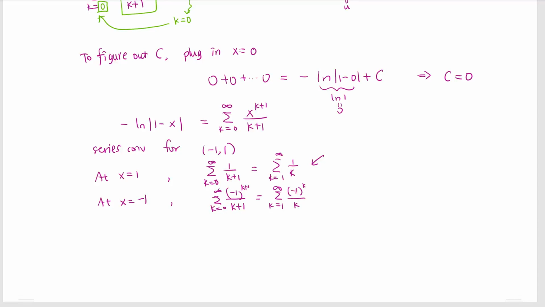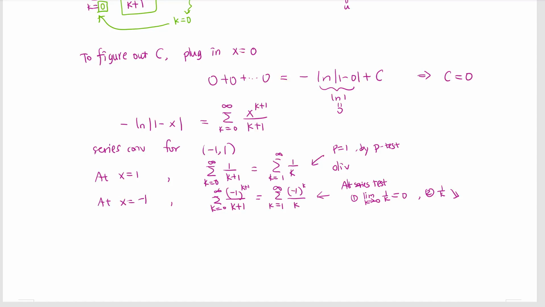Remember, we look at the series with the positive terms. The p is 1, so by the p test, the series diverges. But then look at this one. We use the alternating series test, because the limit of 1 over k is 0 and 1 over k is decreasing.